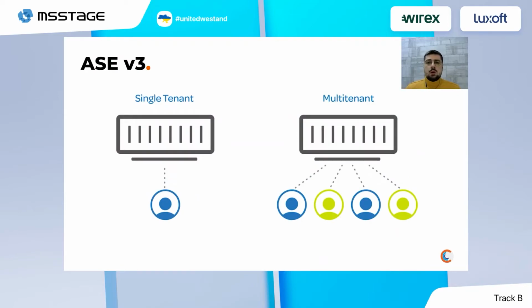ASE is a single tenant instance of Azure App Service that runs in the customer's Azure virtual network. It solves many isolation scenarios for customers in a way you cannot cover with multi-tenant services.